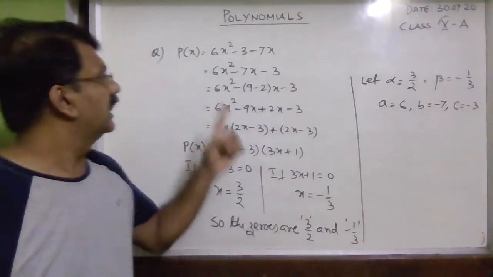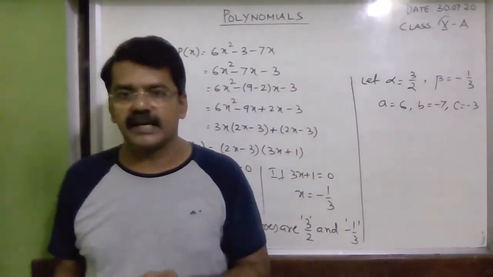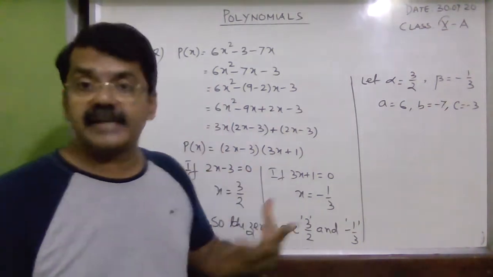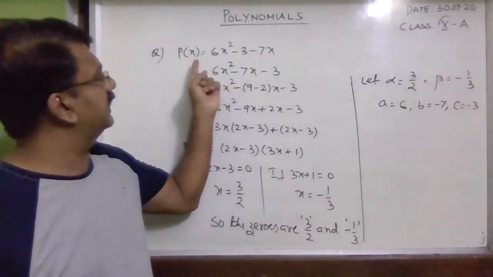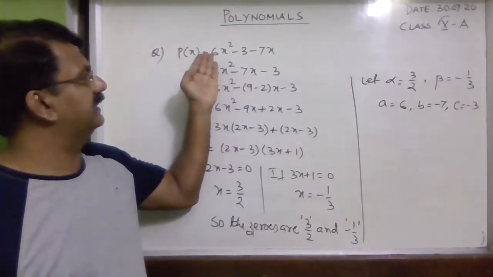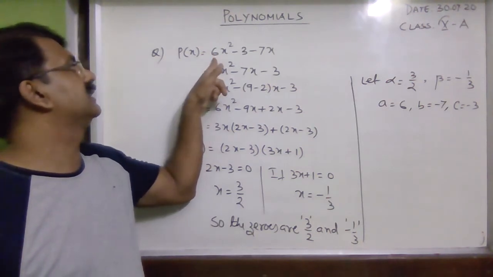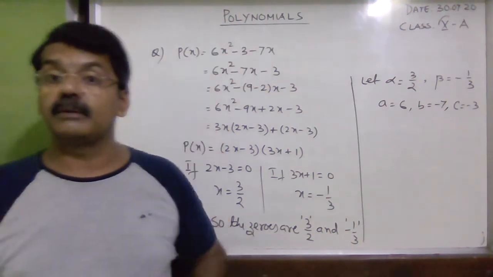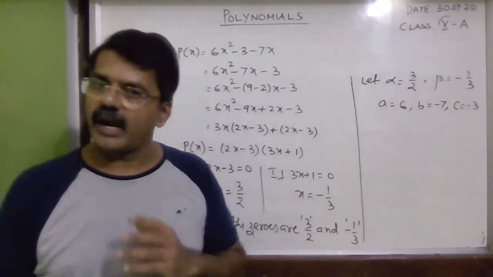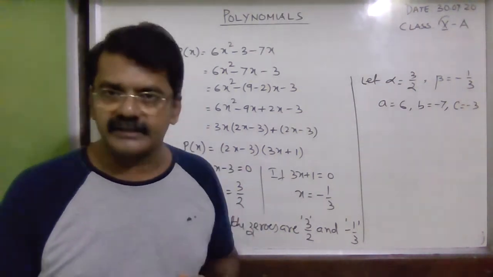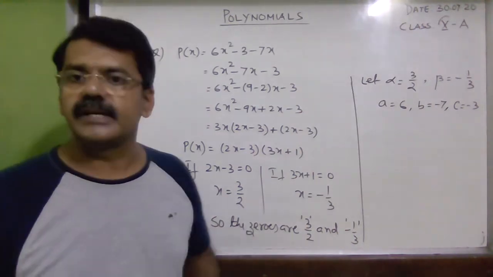Always remember, the coefficient of x square is a, coefficient of x is b and the constant term is c. If you directly compare from that polynomial and say this is a, this is b, this is c, then it will be wrong. So always remember, the coefficient of x square is a, coefficient of x is b and the constant term is c.